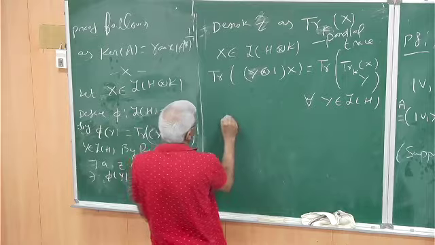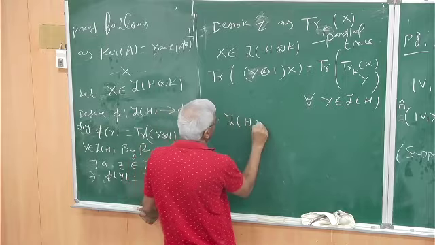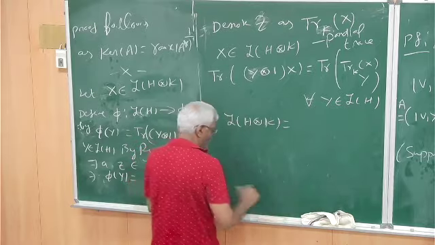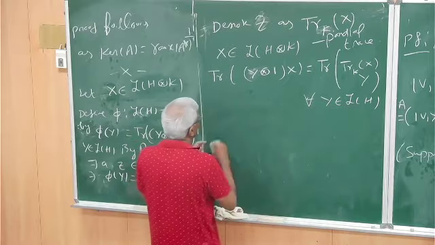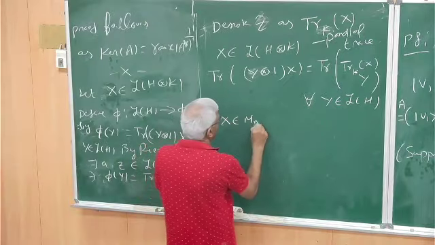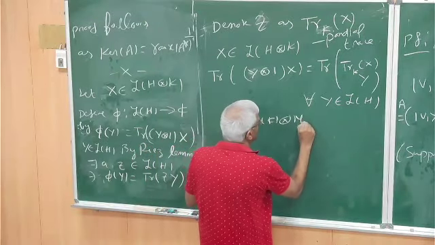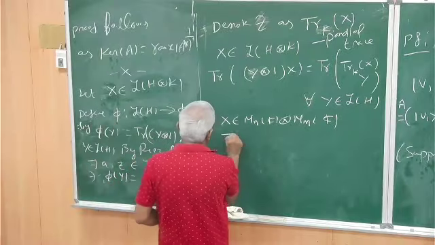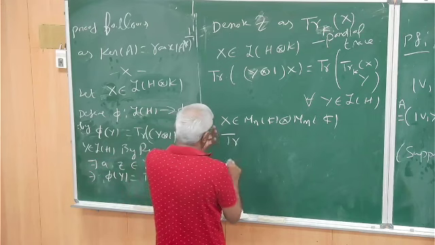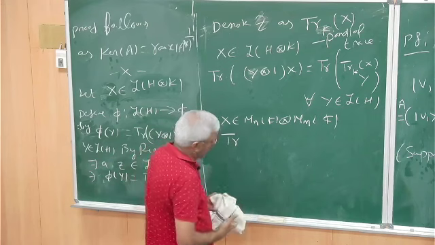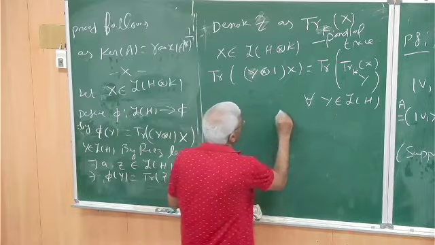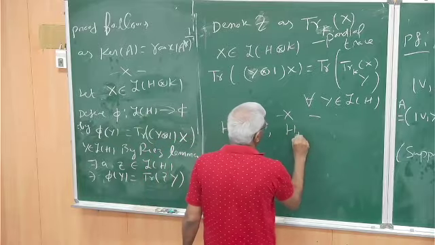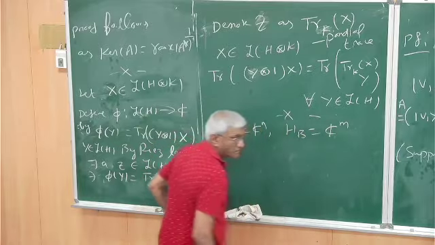But usually it is precisely this. If you have L of H tensor K, this is just matrices, right? If H is, maybe I call it Cn. So if X is in Mn(C) tensor Mm(C), then this partial trace is basically, maybe we'll treat it as a quantum system. So if we have HA to be Cn and HB to be Cm.